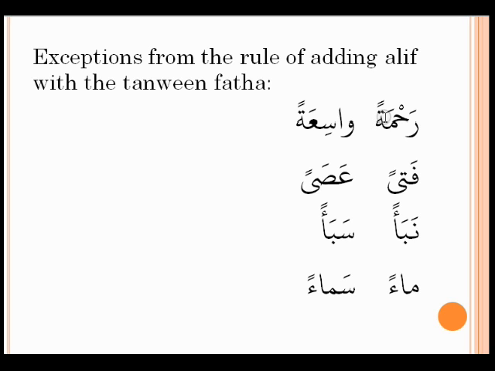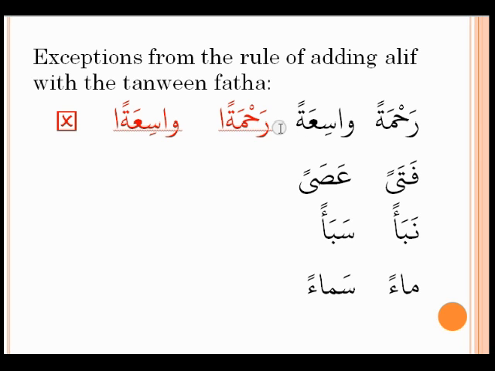If ta marbuta is written at the end of the noun, you do not add an alif. Just apply the tanween. So rahmatan wasi'atan can be written only this way. It's incorrect to add an alif to the end of it.